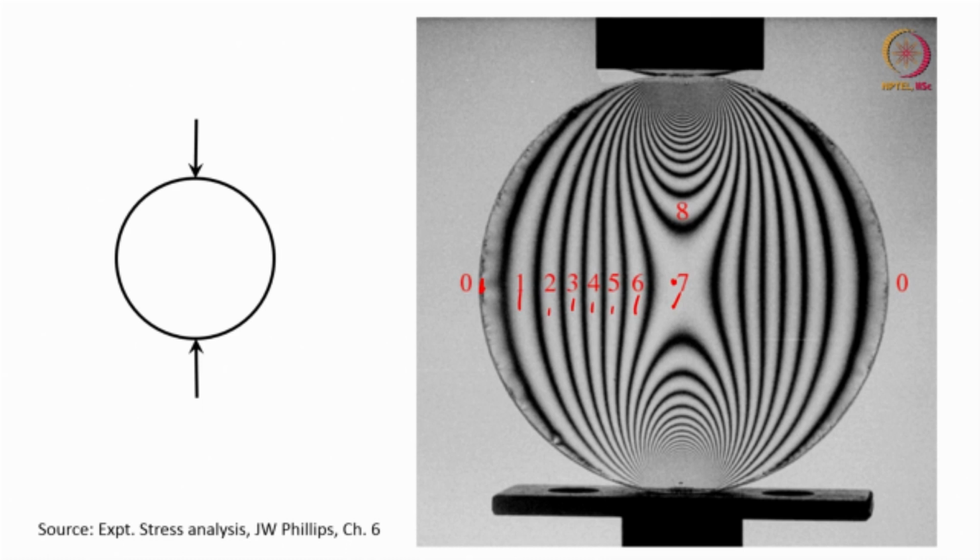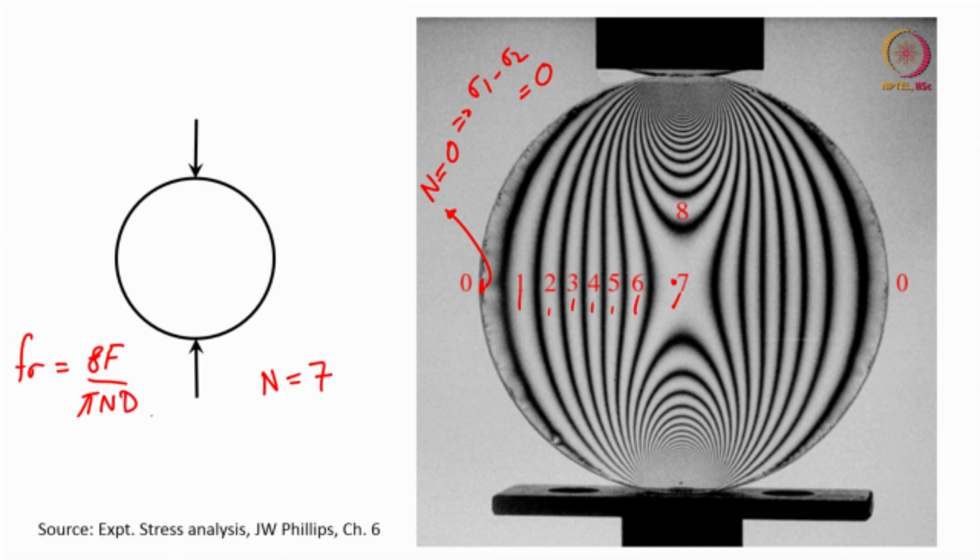Sigma 1 minus sigma 2 is 0, so you have n equal to 0 here. So, you have the 7th fringe, you have to use n equal to 7, and you can calculate f sigma is equal to 8F by pi n d.